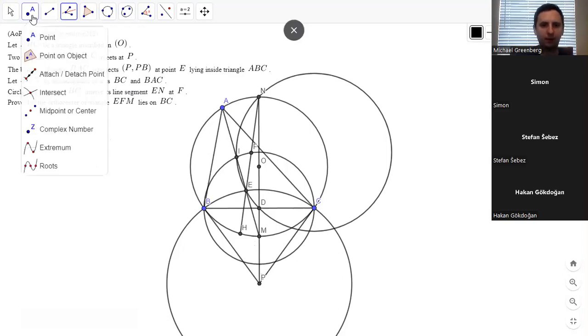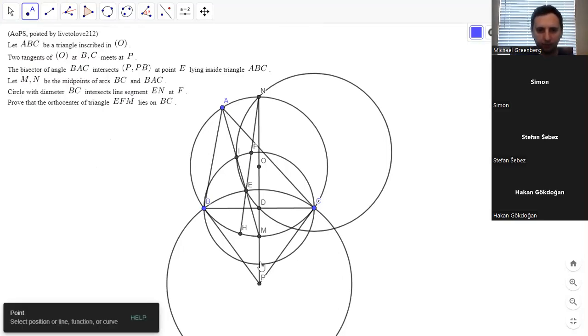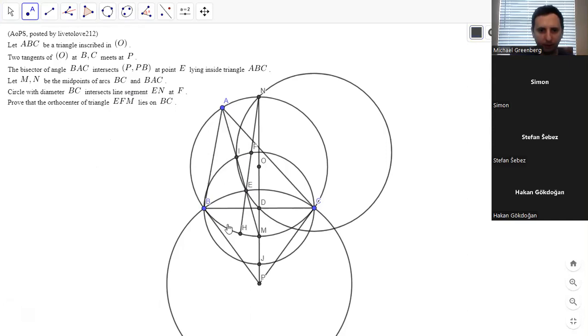I should have thought about this. Since this is cyclic, IJ bisects angle BIC. And so we want to show that IB, IJ, IC, and IF are in harmonic conjugation. But we know that AB, AM, AC, and AN are in harmonic conjugation.